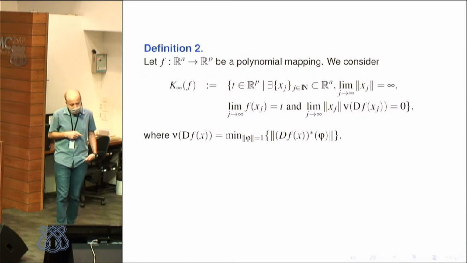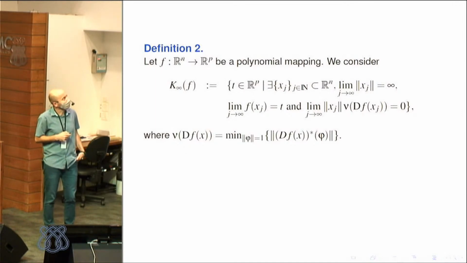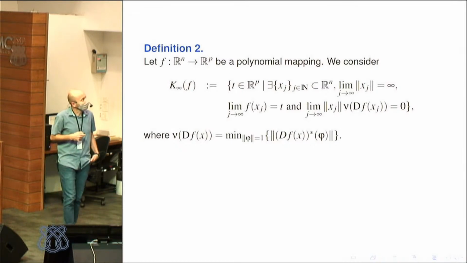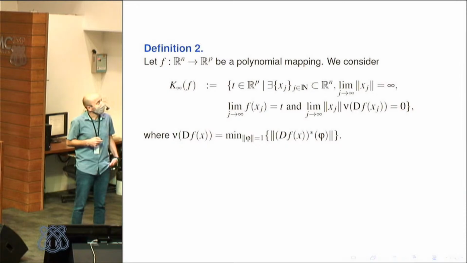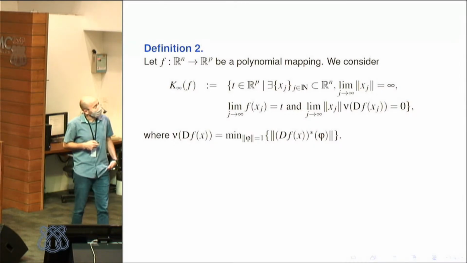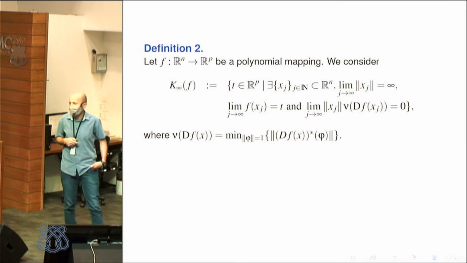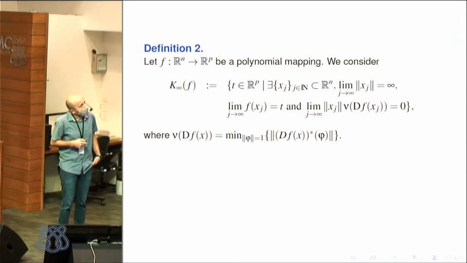And we recall here the definition of K infinity. Given a mapping from Rn to Rp, we define in the first talk K infinity F as the set of points T in Rp such that there is a sequence xj in Rn where the norm tends to infinity, the image F of xj tends to T, and the norm of xj times the norm of dF, where dF is the Jacobian of F at xj, restricted to V, tends to 0.